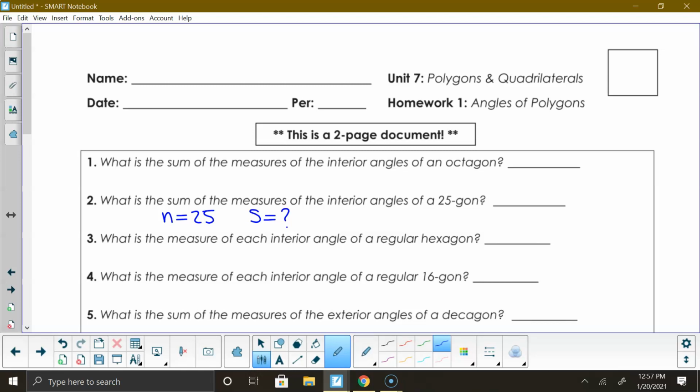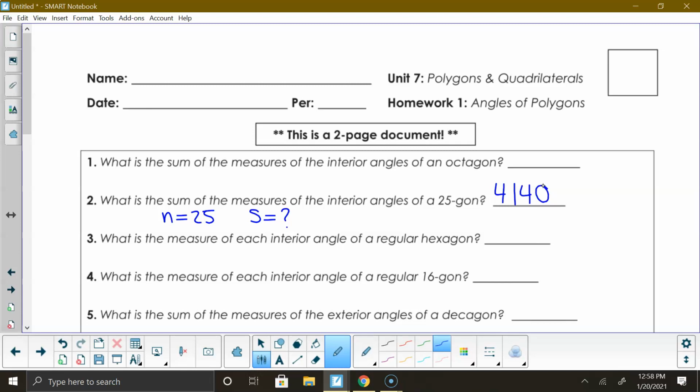So what did y'all get? 4,140. Alright. And you'll notice on Google Classroom, I already uploaded all of the answers for all of the worksheets for this unit. So you guys can go through and check. Everyone got it?